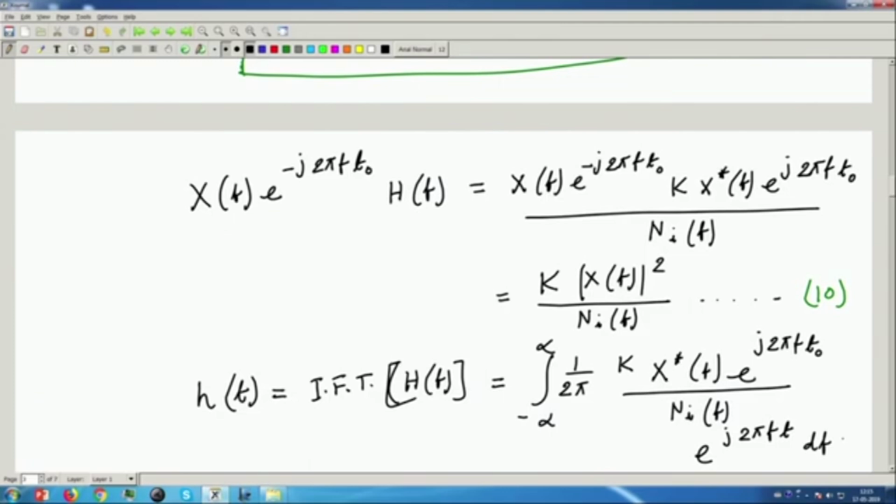So, this I am calling equation number 11. This is the expression for the impulse response of the filter.